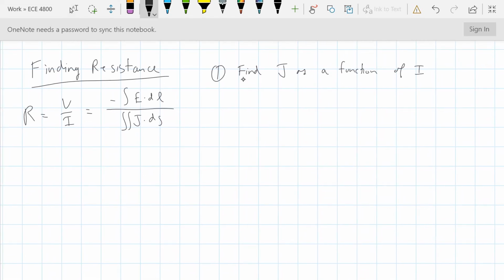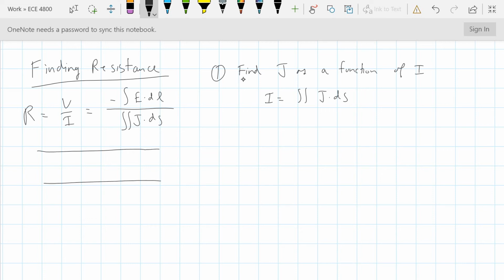We start off with this relation, I is equal to the double integral of j dot ds. This is where we have to use our head and think about geometry. In this problem, we're dealing with just a regular old wire. Now let's just draw our ds here. This is our surface, a cross section.